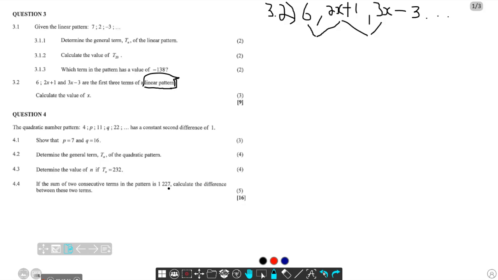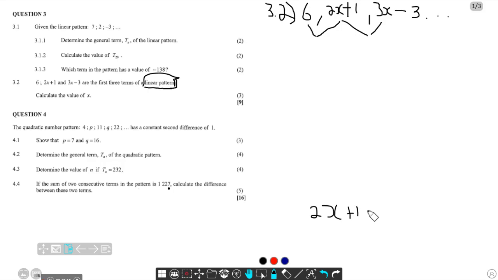Okay. Yeah, because that is one term, right? So what are we going to do? We're going to minus 2x plus 1 with 6, right? So this, I'm going to do it below. So we're going to have 2x, we're going to have plus 1, right?